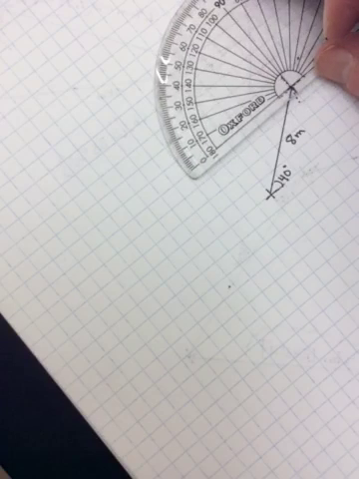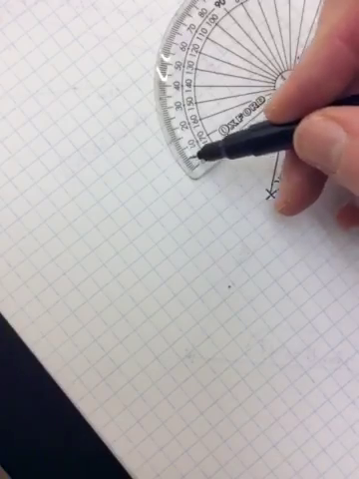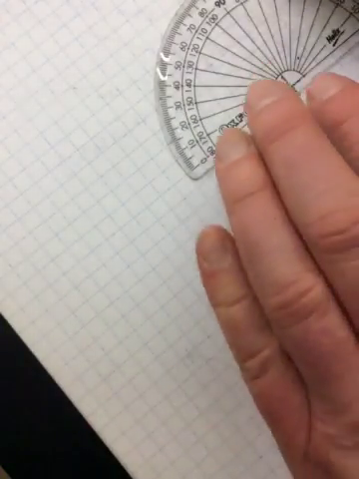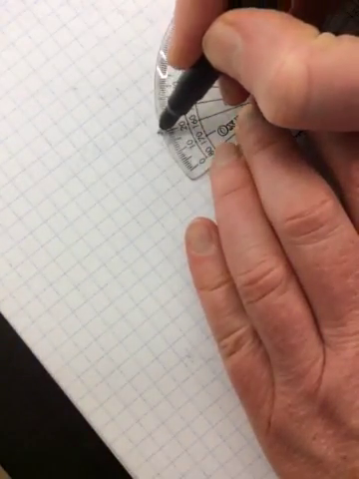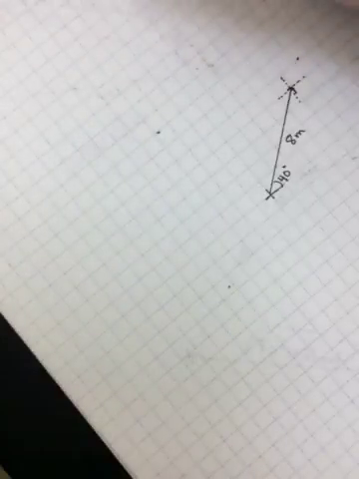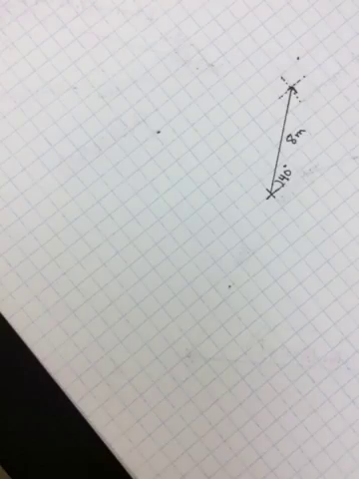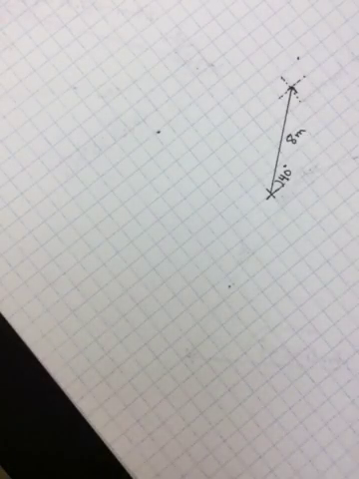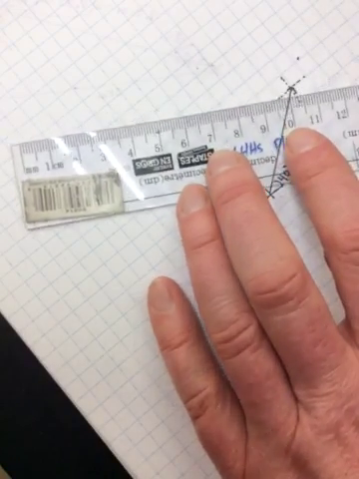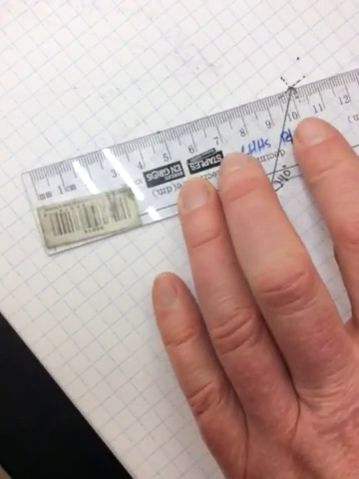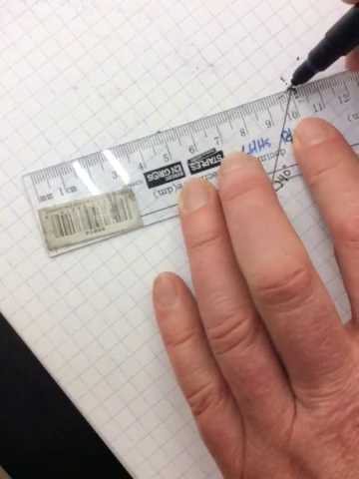West 20 degrees north. So again, my protractor would run east-west, and from the west, I'm going to go up 20 degrees. Okay, so line it up from the west, go up 20 degrees. And this vector is 20 meters, which means for me, it needs to be 10 centimeters. So from here, hitting the dot, 10 centimeters.